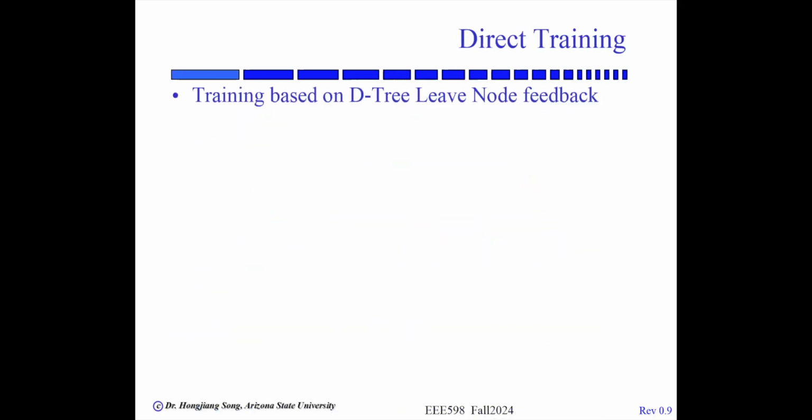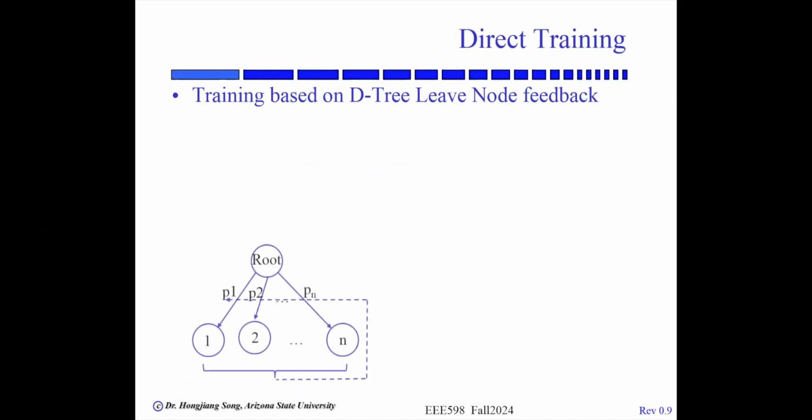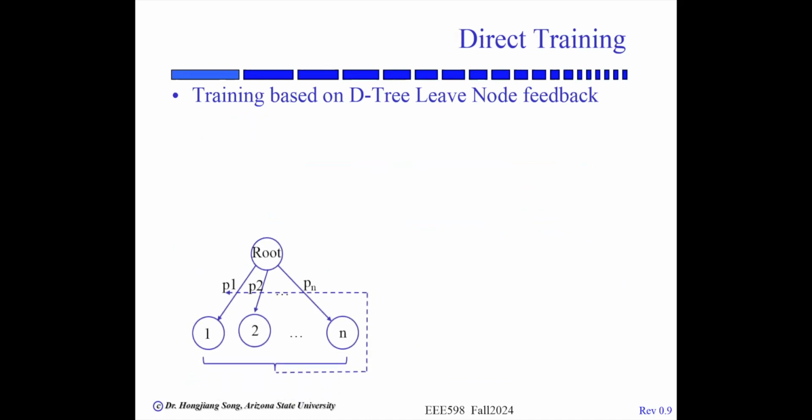So now let's look into the different training families. The first one we're talking about is direct training. In this training, we rely on the feedback from the leaf cell to train the coefficients. This could be a full decision tree or a part of the decision tree branches.